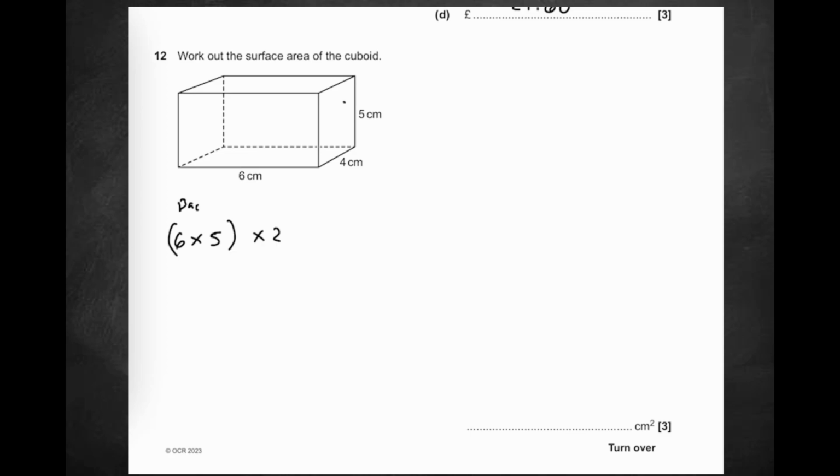So I'll just write here back and front. And then we will have the base, which is going to be 6 times 4, as well as the top. They will be the same. So I'm going to put base and top. And then the two sides are going to be 4 times 5 times 2.